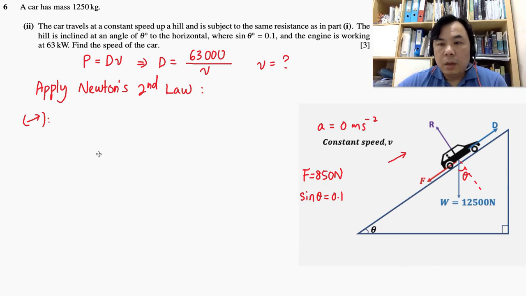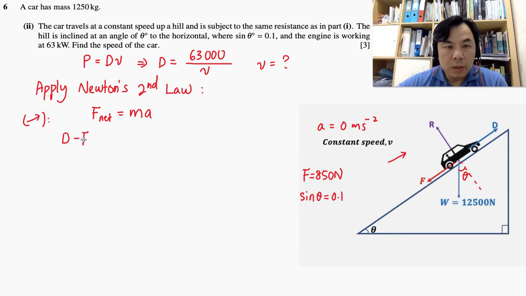Considering all the forces acting along the slope itself, Newton's second law tells us that the acceleration is directly proportional to its resultant force, which is given by this. I just write it down as a formality. Now, the resultant force would be given by D, which is the driving force. There are some forces acting downward. One of them is the resistance to motion.